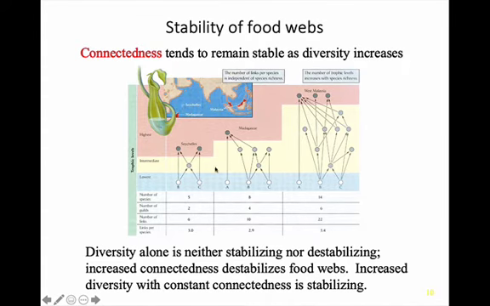Okay, so look at the number of species and look at the number of guilds. There's producers and consumers. There's 2 guilds here. There's 4 guilds here.